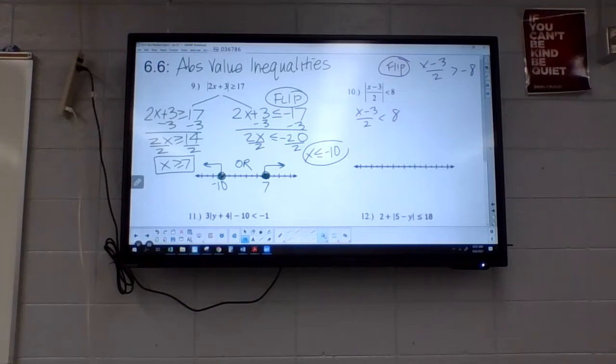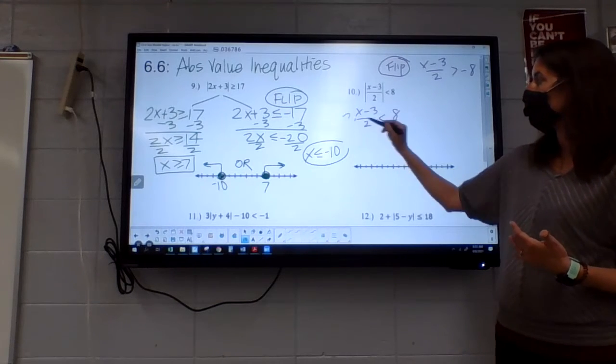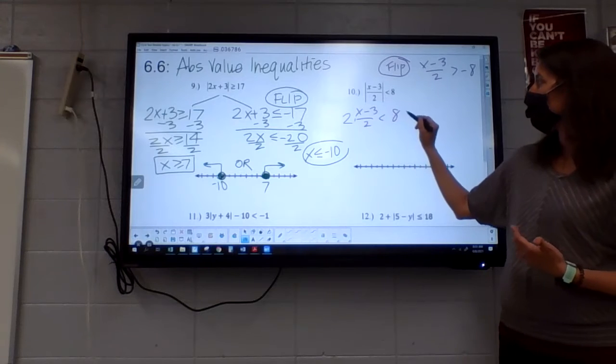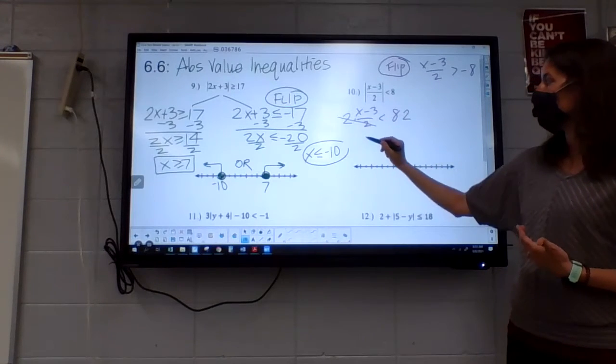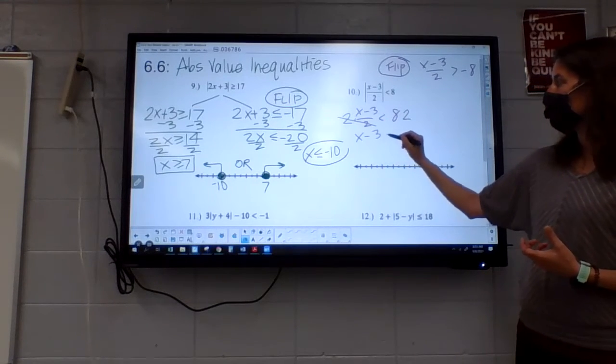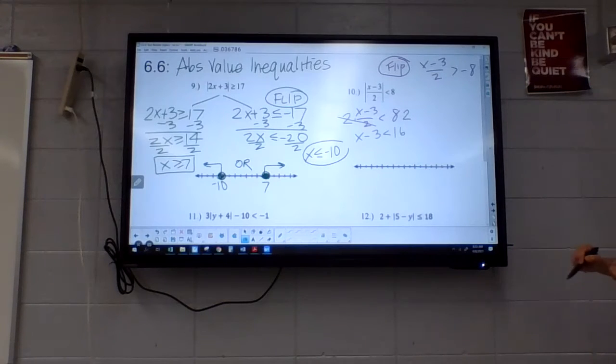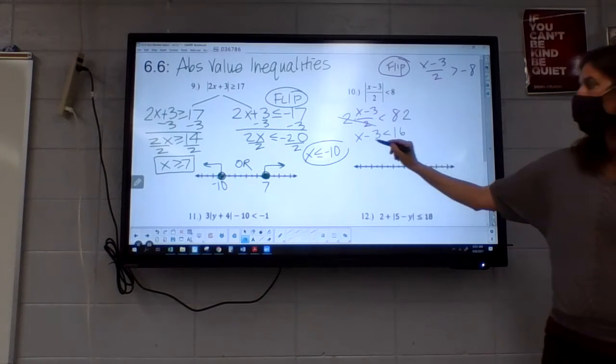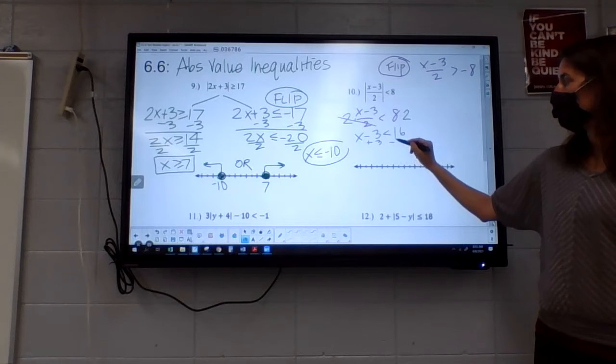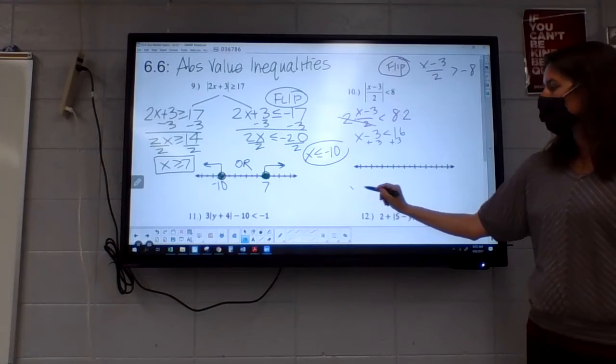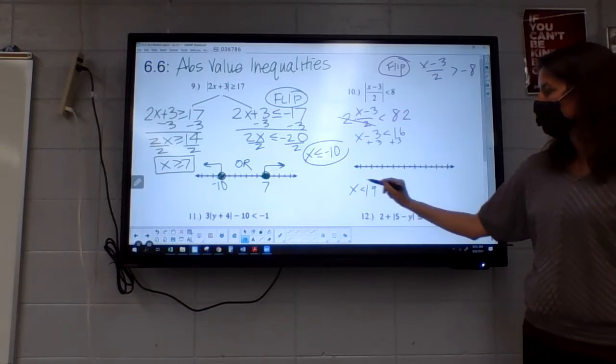So we're going to, rather than dividing by 2, we're going to multiply by 2. And then we'll move that 3 over. So we get x is less than 19.